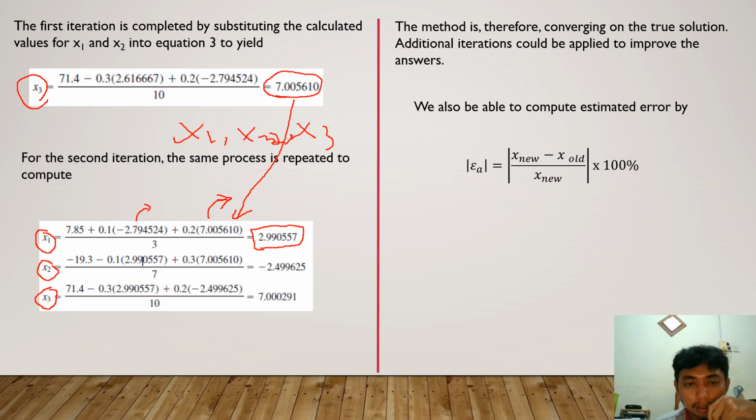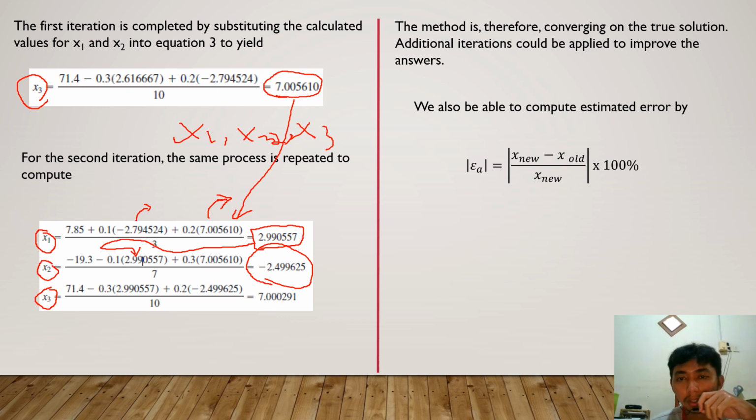Then we repeat the same process for x2, substituting 2.9905 and so on. Then for x3, we substitute the calculation from the first iteration, 7.005. Then we obtain minus 2.49 and so on.